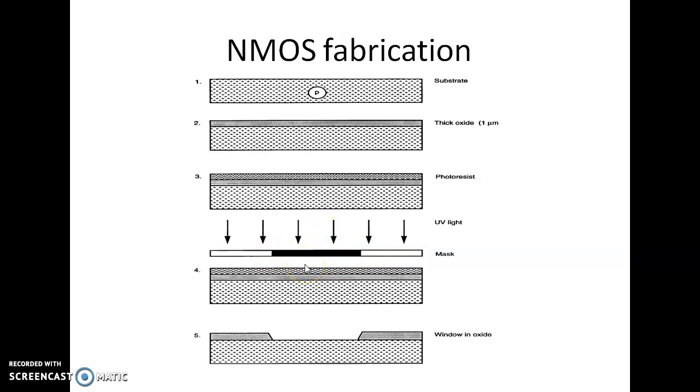That depends on the type of photoresist used. Suppose it is positive photoresist, then the portion of the mask which is allowing the light becomes soluble. The other portion which is stopping the light becomes hardened, polymerized.